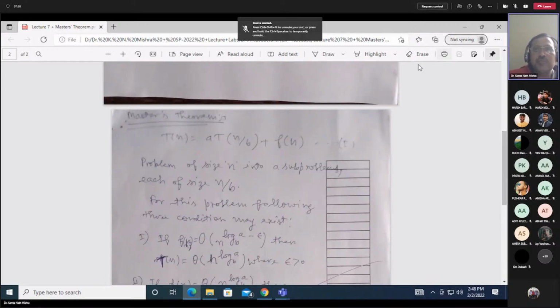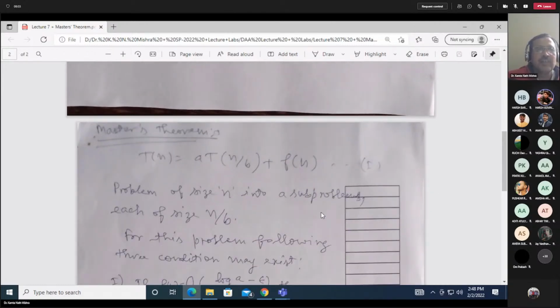So now the screen is visible to everyone. Yes, sir. So when you are solving any recurrence using Master's theorem, your master equation will be T(n) equals a into T(n by b) plus f(n).